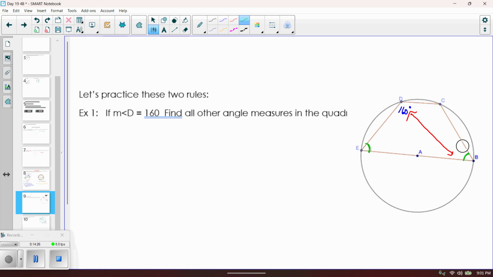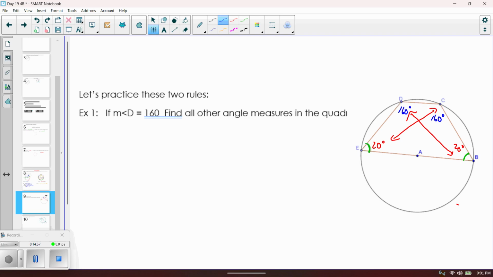Let me write that 20 in there again, since I kind of erased my numbers there. Because both of those angles have green arcs, where E and B are, that means E is also 20 degrees. And then we know the one across from that has to add up to 180, which then makes that one 160 degrees. So C is 160 degrees.